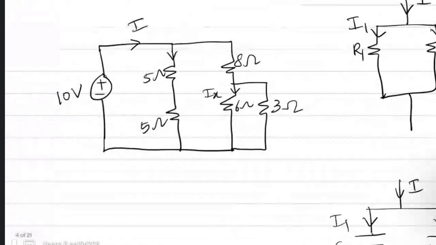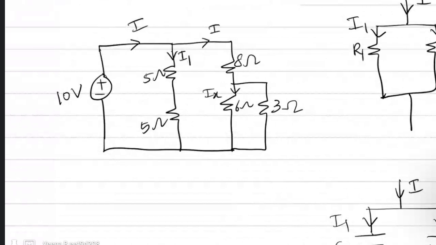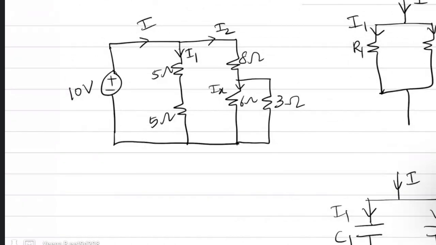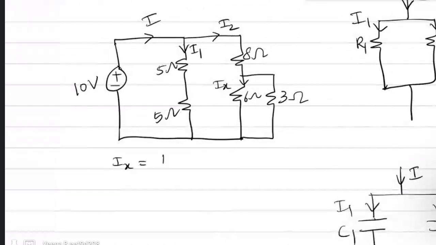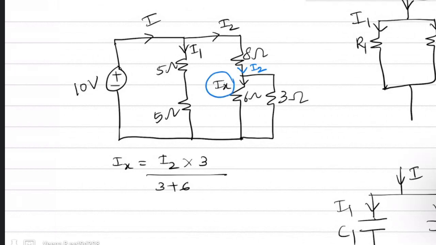So let this current be I1 and this be I2. Now what is Ix? Ix is I2 times 3 divided by 3 plus 6, because the current entering this branch is I2. Now Ix is proportional to the resistance of the opposite branch.